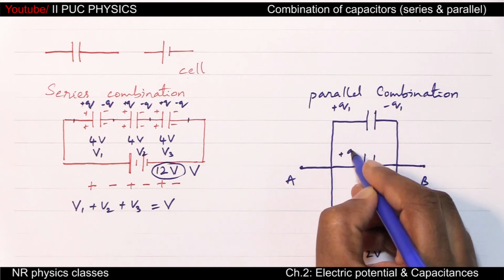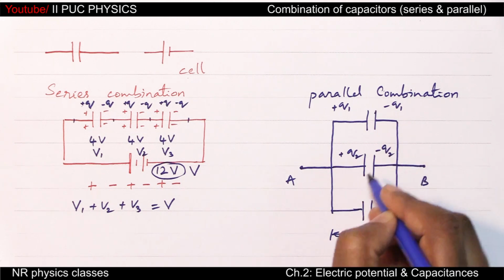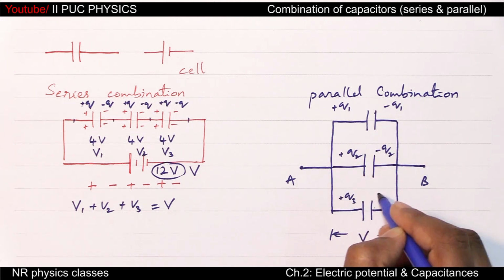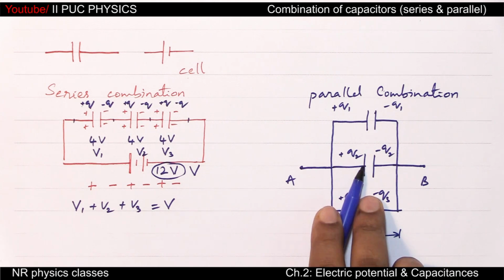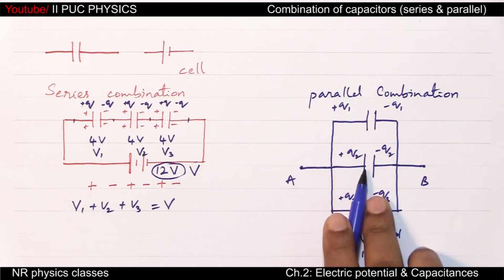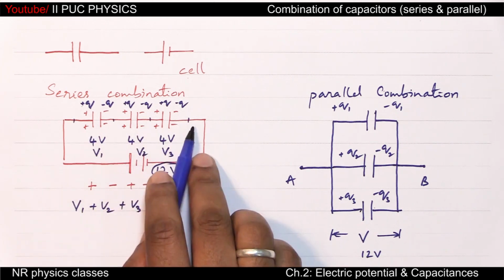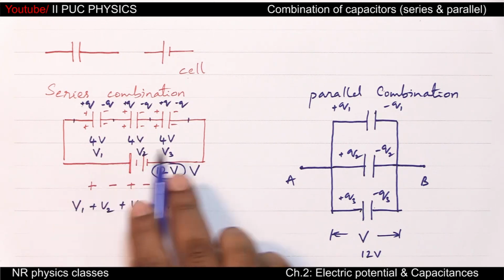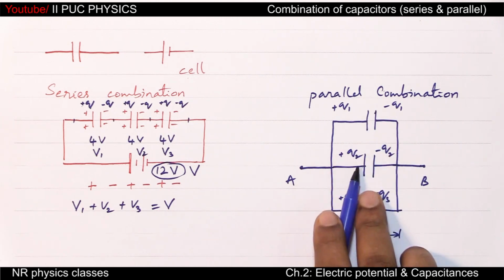This is plus Q2, the other plate takes minus Q2; plus Q3, minus Q3. In a special case, the charge on this plate can be equal to the charge on this plate. In general, the charge on each plate is different. In series, charge is the same, potential difference is different. In parallel, potential difference is the same, charge is different.